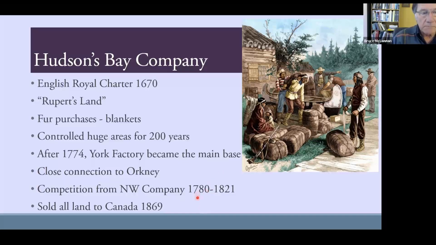And it wasn't until 1869 that that huge area of land was sold to Canada to become part of Canada. A bit of the land went below the now border between the US and Canada, the Hudson Bay catchment area. I think it must be the Red River catchment that goes into, would it be North Dakota? One of those.